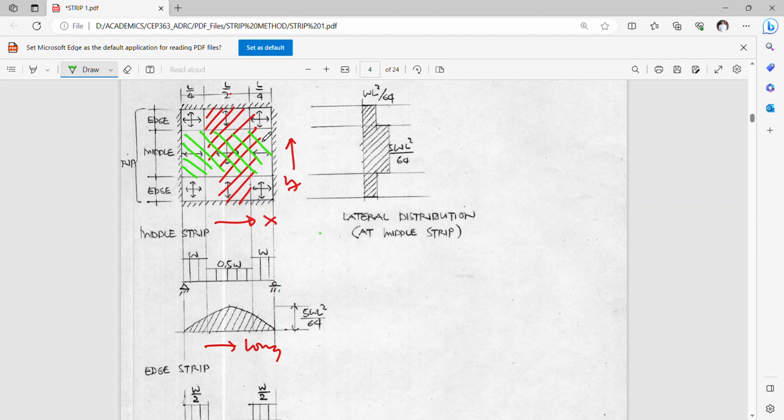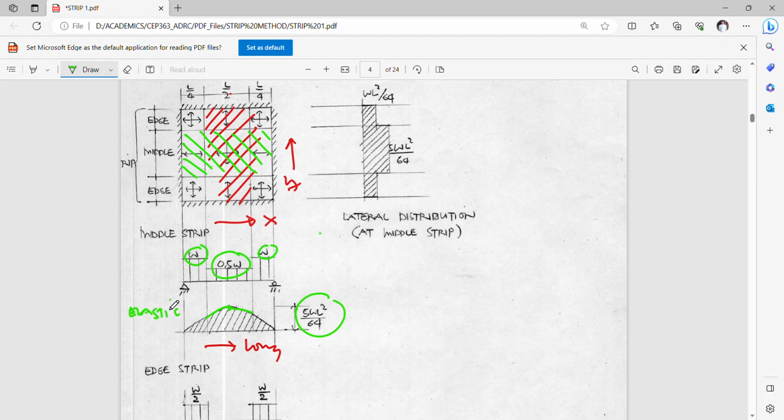You will notice that I have here a full load W, because this is only directed in one direction, and this is 50-50 since this is square, and then a full load there. My moment diagram will simply be parabolic, but since this is not a uniform load, a slight decrease in the slope here will be obvious. Using elastic methods, the maximum moment here is 5 WL squared over 64.